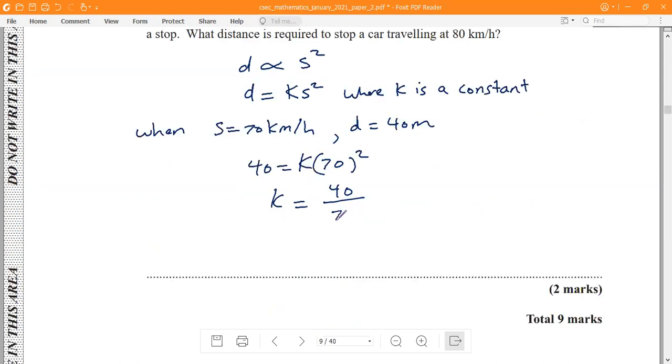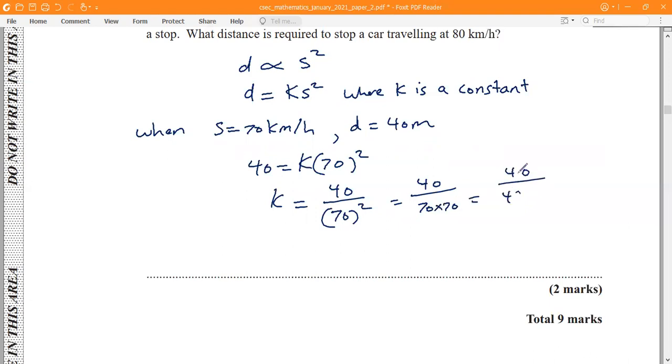And we get k is equal to 40 divided by 70 squared, which is 40 divided by 70 times 70, which is 40 divided by 4900. And when we divide this, we get 0.008, which is our value of k.